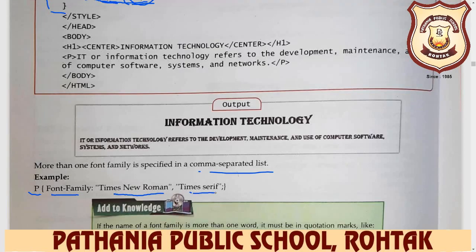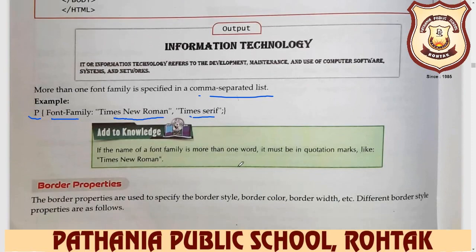If the name of a font family is more than one word, it must be in quotation marks. Learn this point, everyone. If you write more than one font family, you write it between inverted commas. Like this: Times New Roman in inverted commas, then again inverted commas, Times Serif, then close the inverted commas and terminate, and then you close the block.